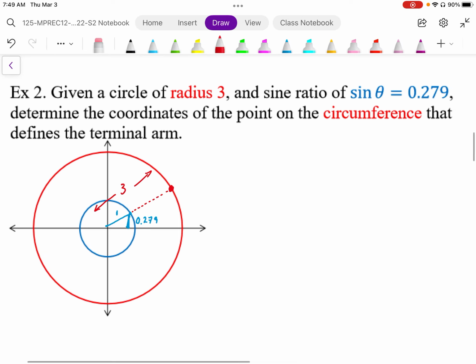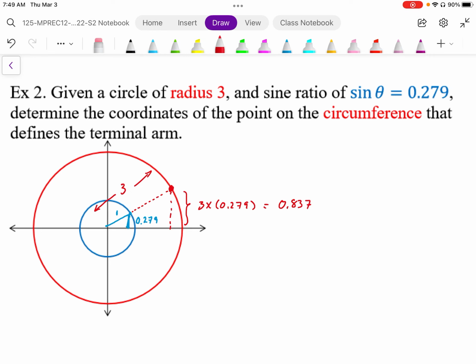Well, if my vertical position on my unit circle is 0.279, then the vertical position on a circle that's 3 times bigger is going to be 3 times 0.279, and that works out to be 0.837. So 0.837 represents the vertical position.